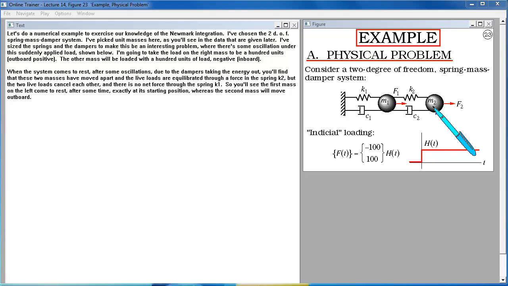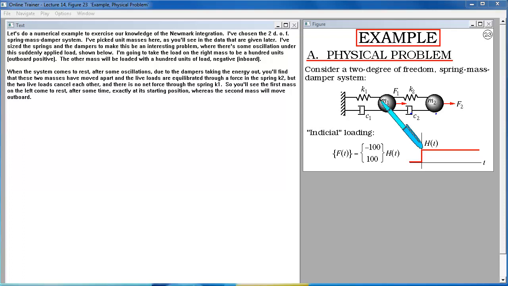I've sized the springs and the dampers to make this be an interesting problem where there's some oscillation under this suddenly applied load shown below. I'm going to take the load on the right mass to be 100 units outboard positive. The other mass will be loaded with 100 units of load negative inboard.